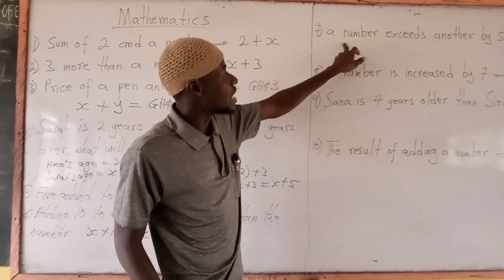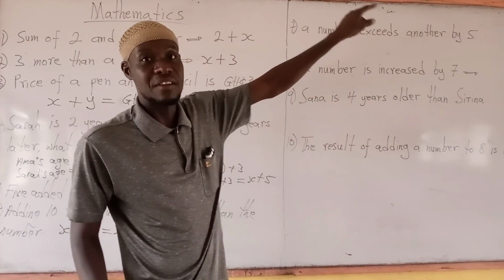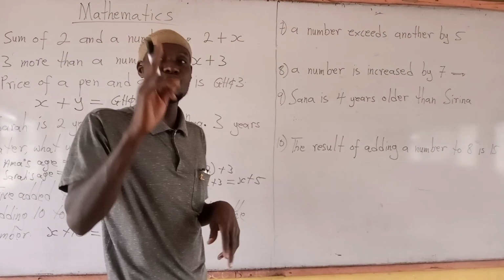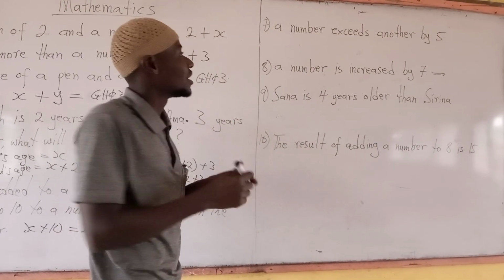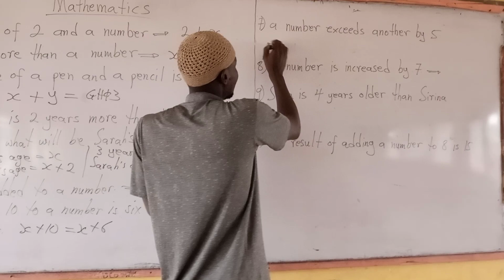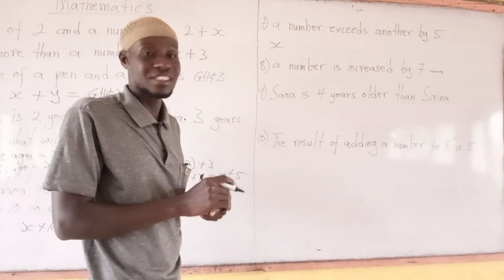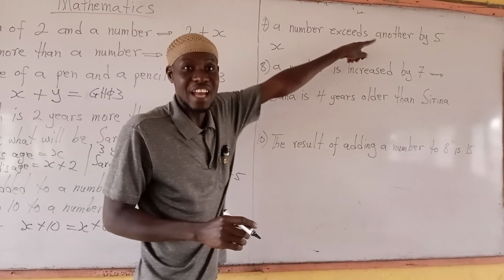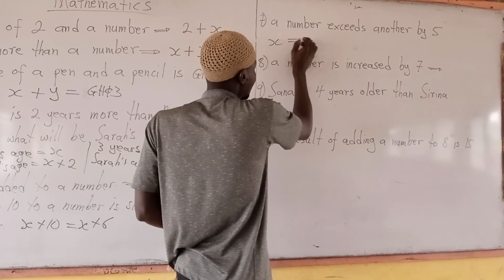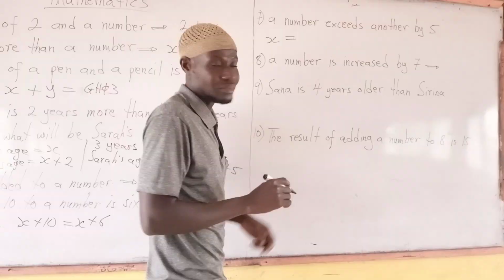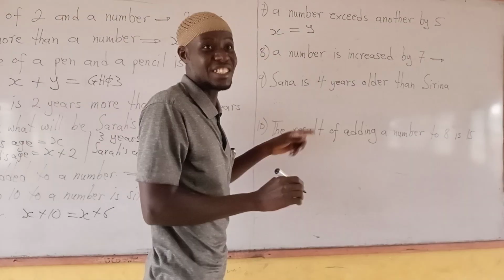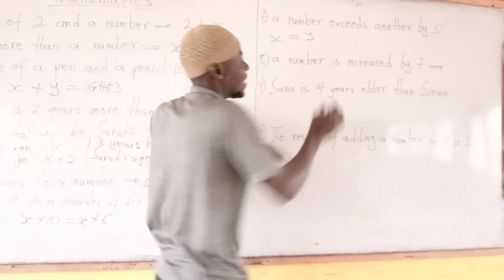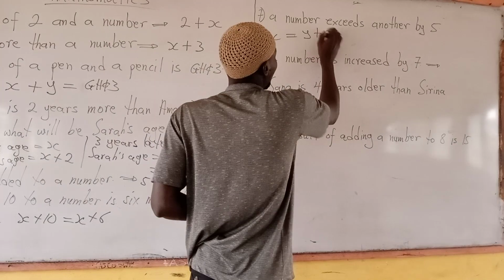Next: a number exceeds another by 5. We are talking about two numbers here, so let those numbers be x and y. The number they are talking about is x, and it exceeds another, which is y, by 5.